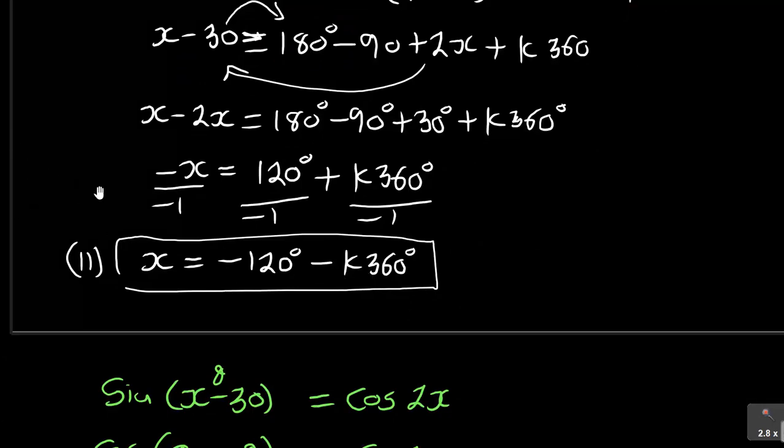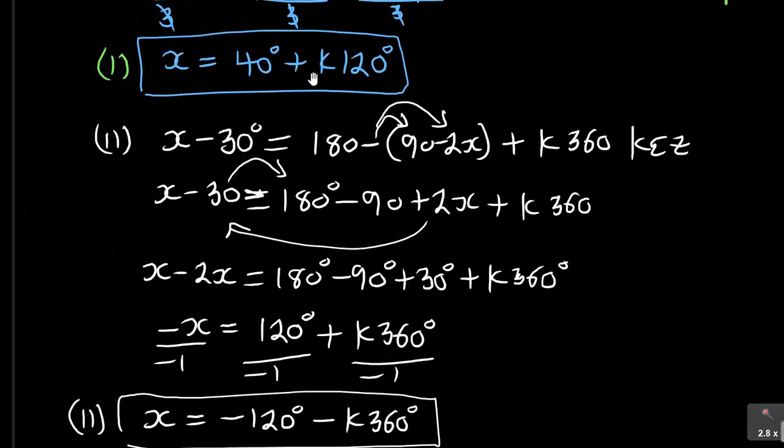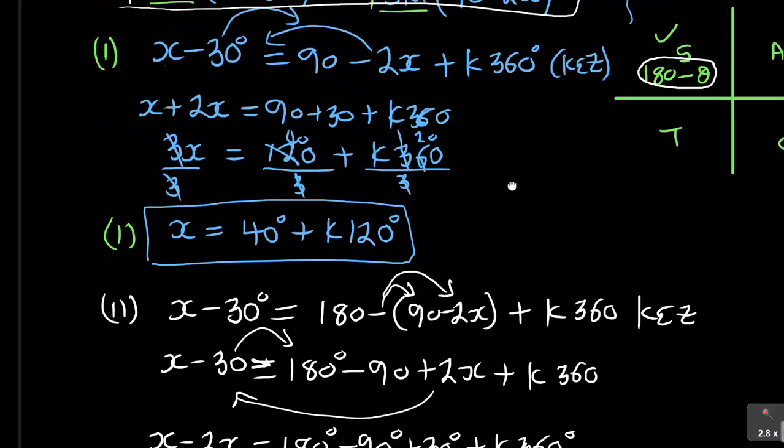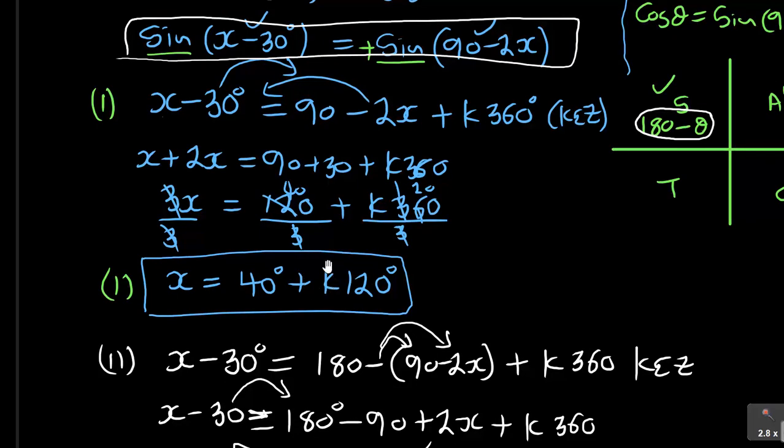Now these answers, in as much as they look different, they are not different in a way. Just because of time, I would have proved to you to say, for example, here if I say let k equal to 1, so if k is equal to 1, you are going to have 40 plus 120, which is equal to 160.